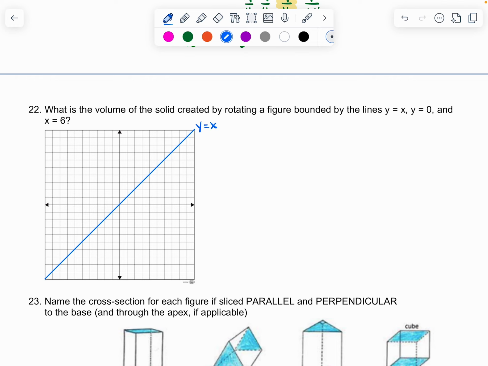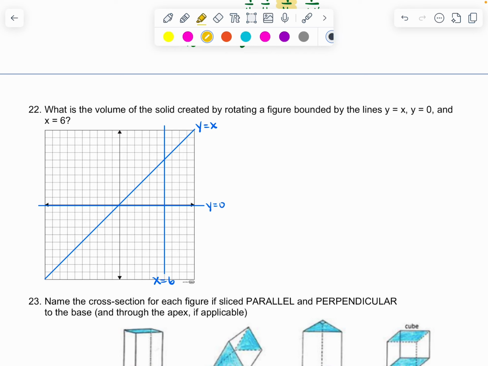So y equals x is the parent linear function with a slope of 1. So here's y equals x. And then y equals 0 is the equation of the x-axis. And then x equals 6 is a vertical line, 2, 3, 4, 5, 6, crossing the x-axis at 6. I love this question.